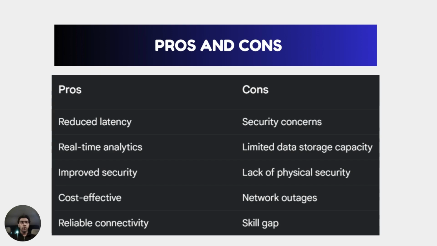So they had some shortcomings. That's why 3G, 4G, and 5G were introduced, because they needed something much faster, much better for security purposes, and with a lot of data storage capacity.